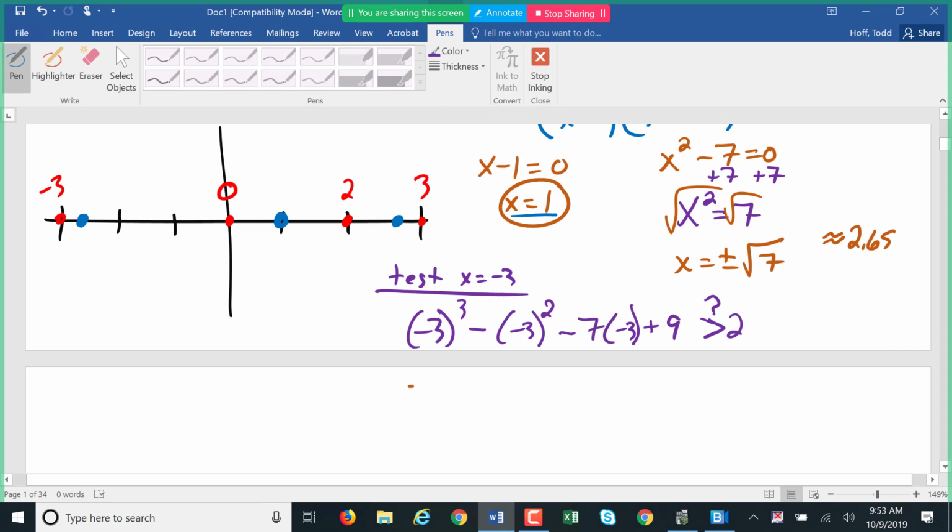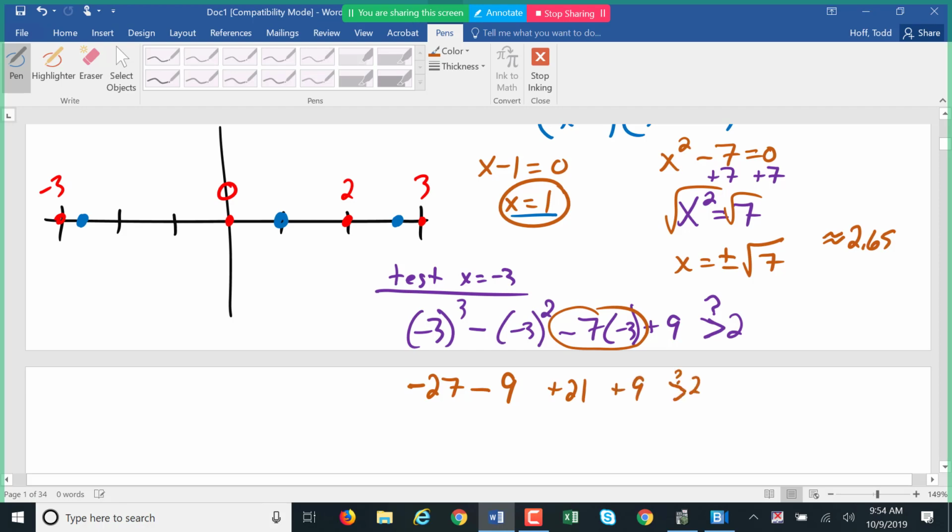Well, negative 3 to the third is a negative 27, minus negative 3 squared is minus 9. Now negative 7 times negative 3 is a positive 21, and then plus 9.